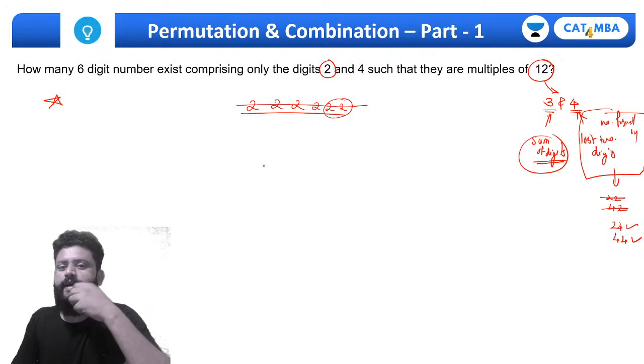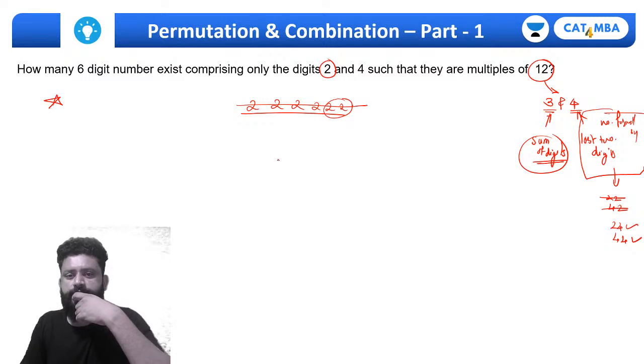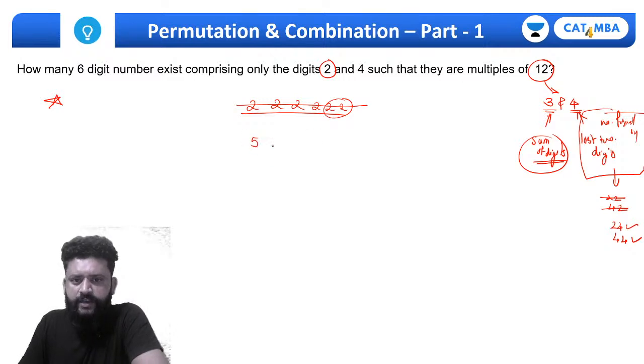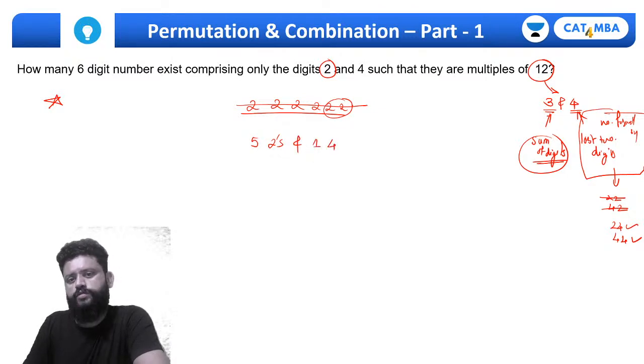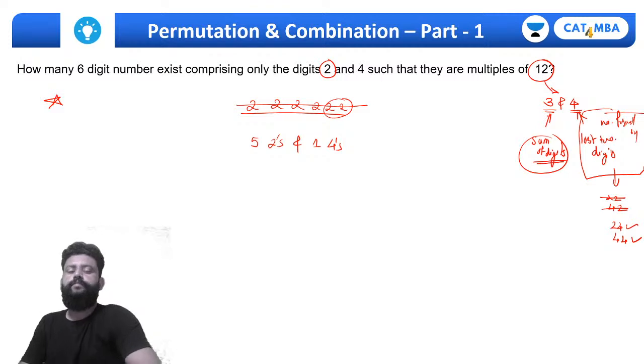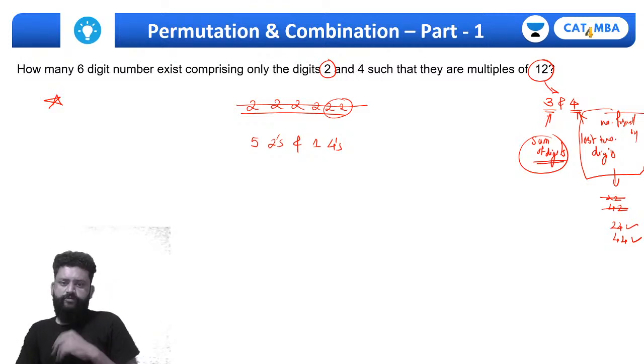So what I can do, I'll just try to get a smaller number of twos. Can we have 5 twos and 1 four? There should be one 4, and we keep 5 twos.